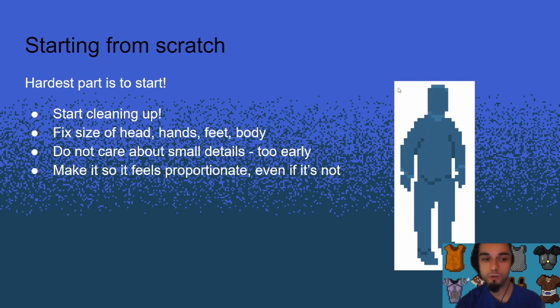At this point, we still don't want to care about small details. We don't care if the character is wearing armor, if he's wearing boots or sandals, if he has an expression. We don't care about this. We just want to have a silhouette and understand where the bigger parts are going to start and end.